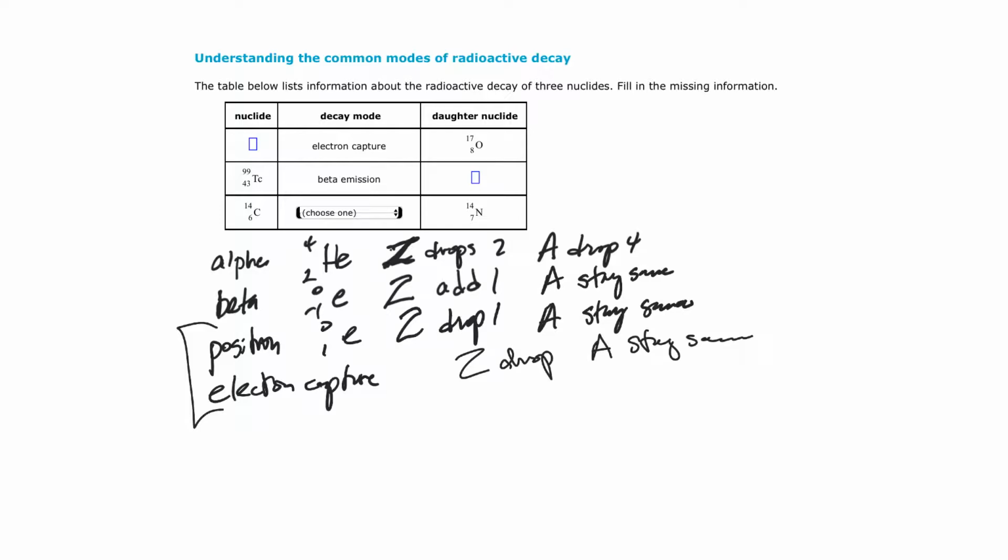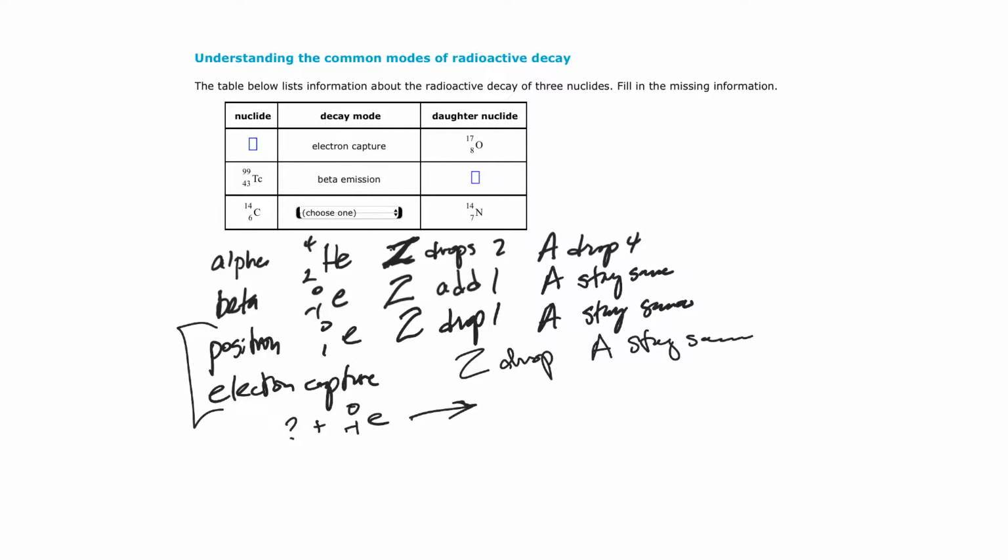All right, so let's look at what you're asked. You've got electron capture. So electron capture means you're going to have something plus an electron on the left. Then you're going to have your reaction, and your daughter nuclide.